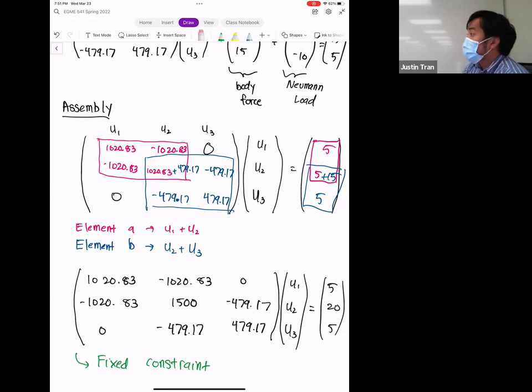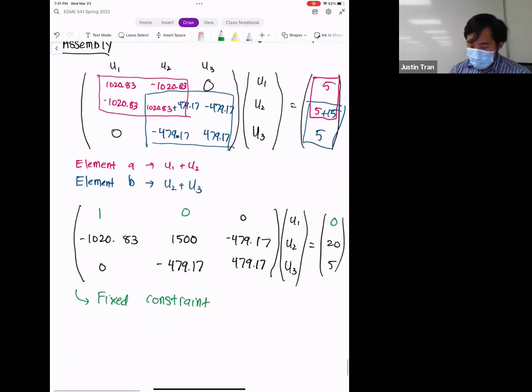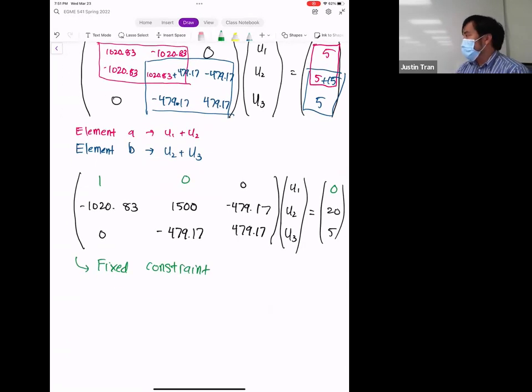That means we're going to take our first row here and do what we usually do. We're going to zero it out, and that includes the right-hand side here. And so we have a 1, 0. Then just to make sure that our first displacement is 0, we put a 0 in the forcing vector as well. And with that, now we're done.